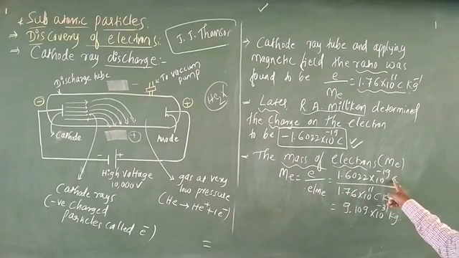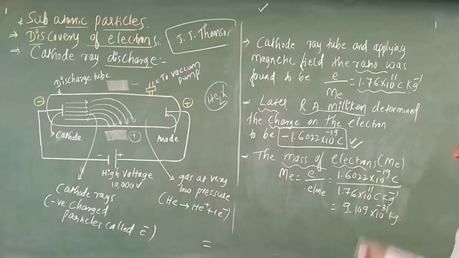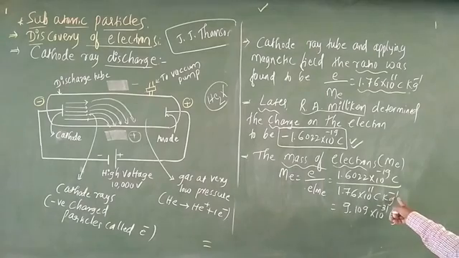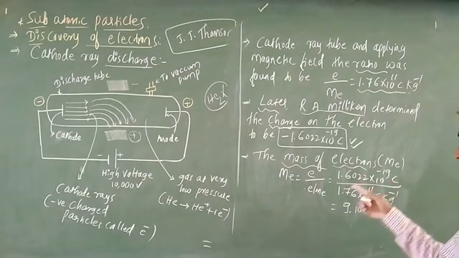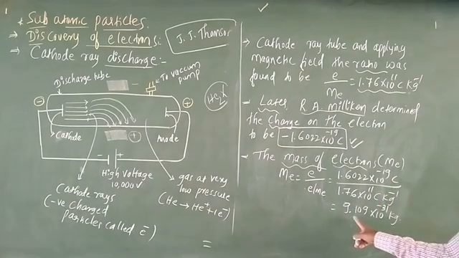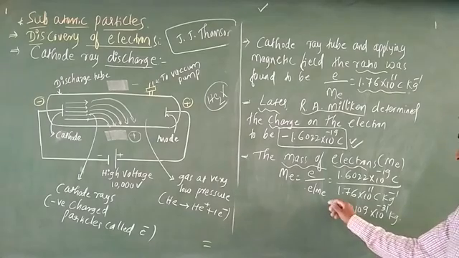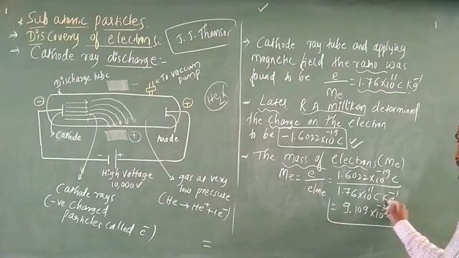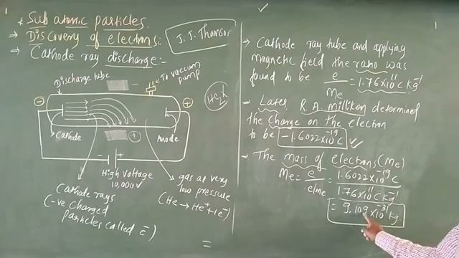Coulomb and per coulomb get cancelled, finally per kg will go off, that acts as kg. Finally, the answer is 9.109 into 10 to the power of minus 31 kg.